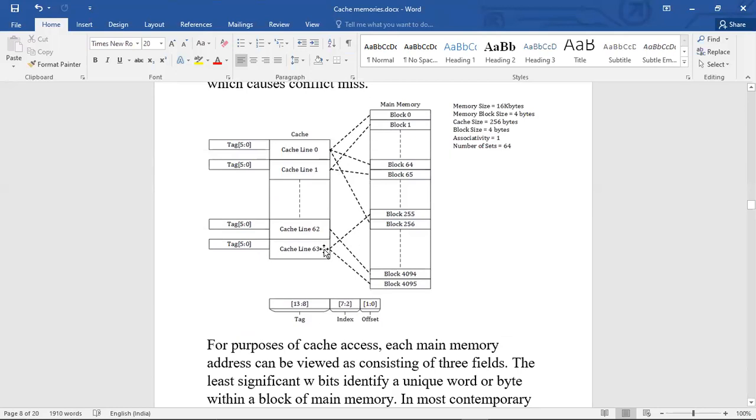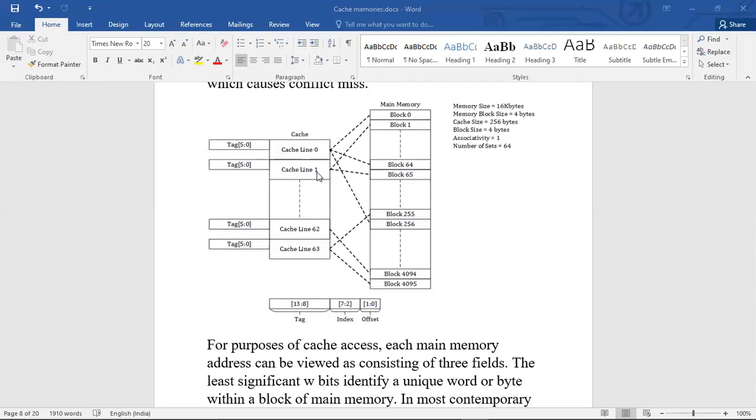Like this, block 63 is mapped onto line 63, and block 64 is mapped onto line 0, and block 65 is mapped onto line 1. This way the mapping happens.